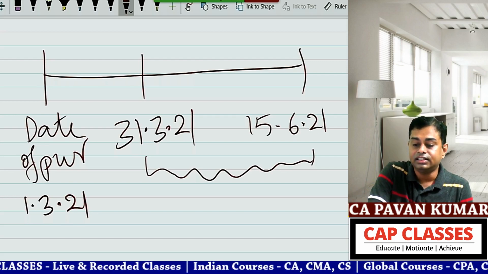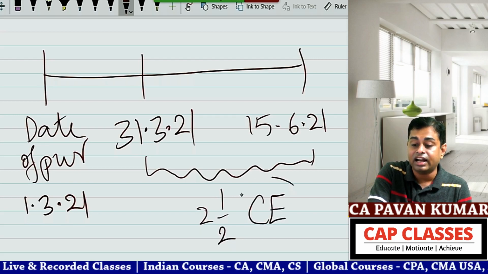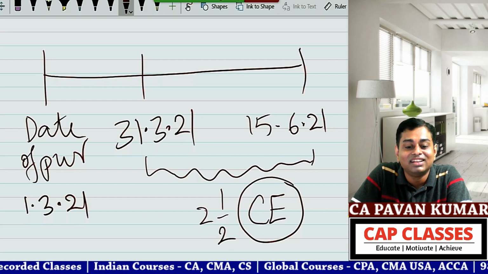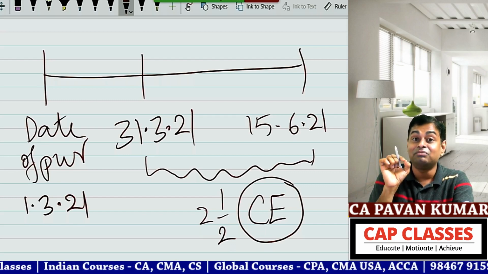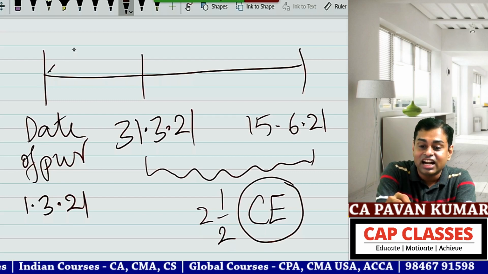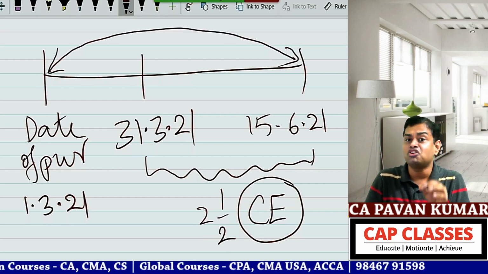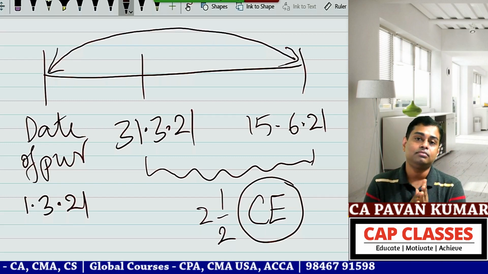So this is 2.5 months. So this is cash equivalent, 6 months ago. You need to check 3 months maturity from the date of acquisition. This is more than 3 months, so it is not cash equivalent, it is investment.